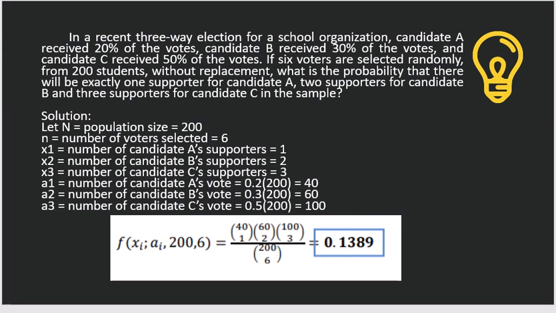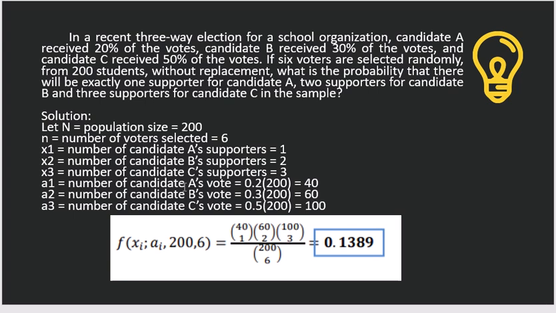Another example. In a recent three-way election for the school organization, yung example natin kanina. So let's have the given. The total N, the total number of voters, will be 200. The number of voters selected will be 6. The number of candidates for one condition is 1, 2, 3. Yung condition nating hinihingi.